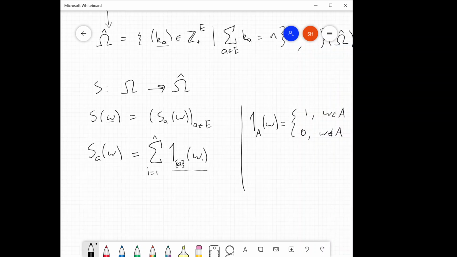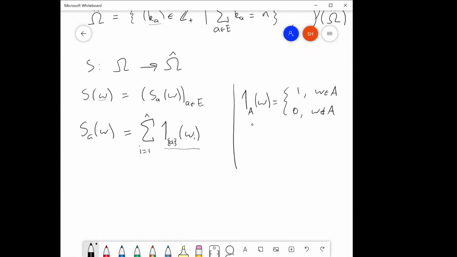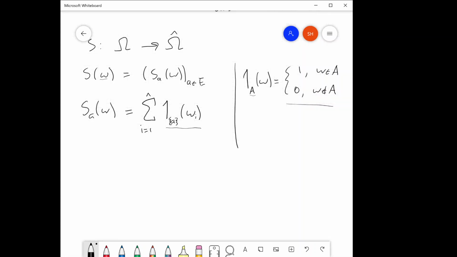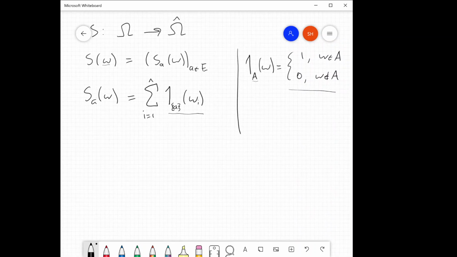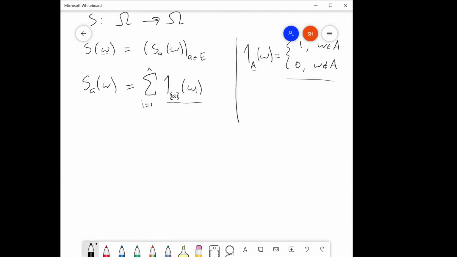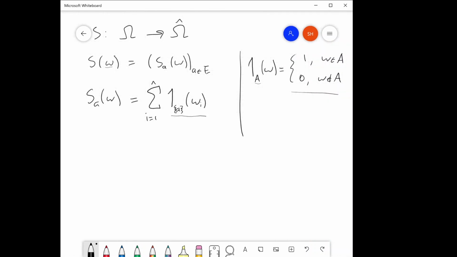This is notation we'll use a lot, and when A is a singleton set, this is just 1 if ω equals the single element of A. So this counts up the number of balls of color a in this sequence, and now we've thrown out the order. This would be a reasonable random variable to push our probability measure forward with.